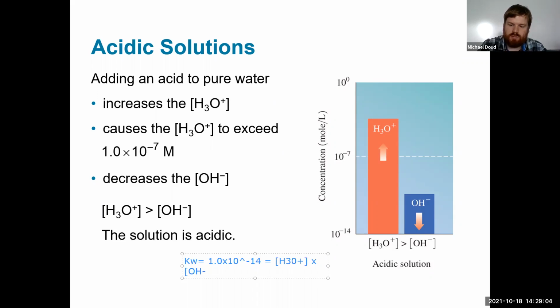So if the hydronium ion concentration increases, the only way that the hydroxide ion can balance it out and keep this Kw expression true is by decreasing. That gives us an acidic solution.